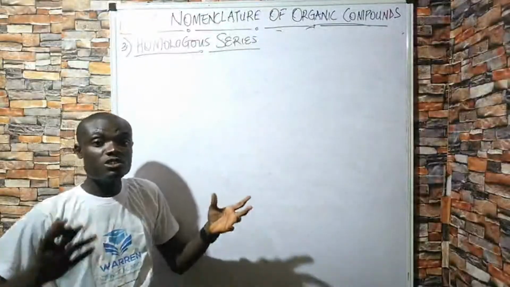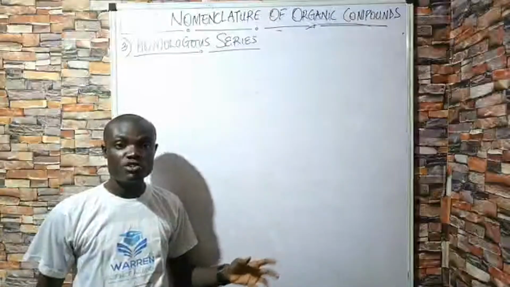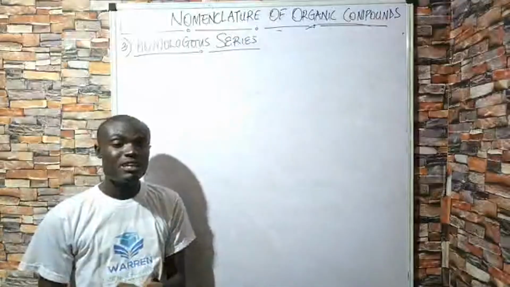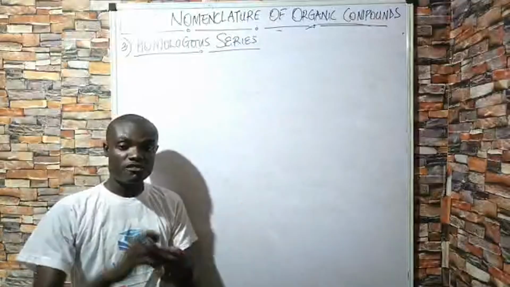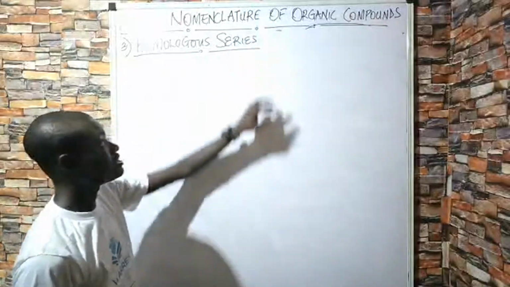One of the unique things of carbon is that carbon has a lot of compounds. So this compound, there are so many. To easily study them and to easily understand them, they've placed them in certain different families. And those families are what we refer to as homologous series.